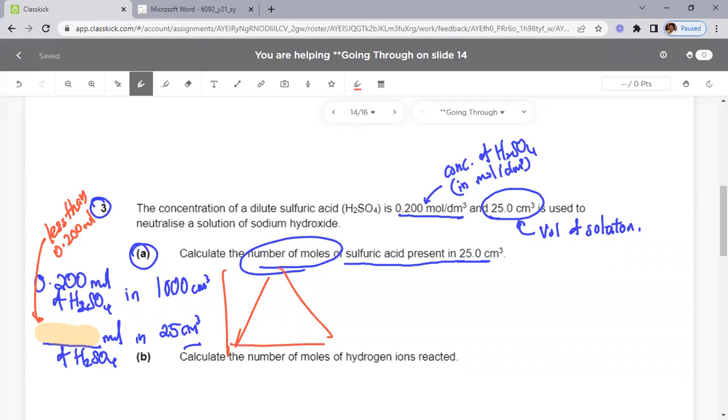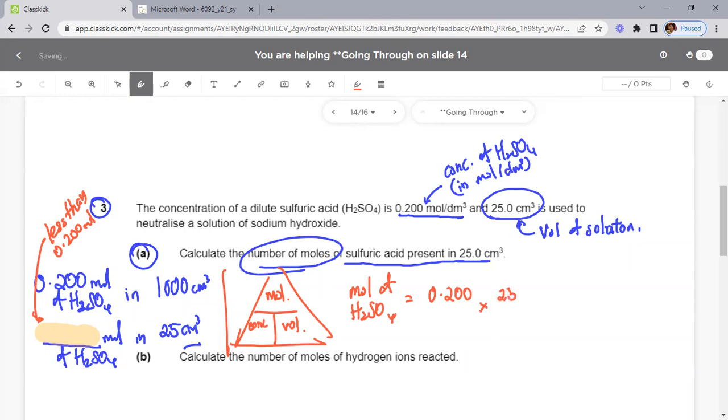I'm going to apply the triangle here. This is the concentration in terms of mole per dm cube, this will be the volume of the solution, and this will be the number of moles. So moles is actually concentration times the volume. Let's find the mole of H2SO4. This will be equivalent to 0.200 multiplied by the volume.